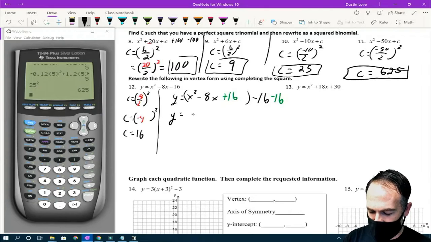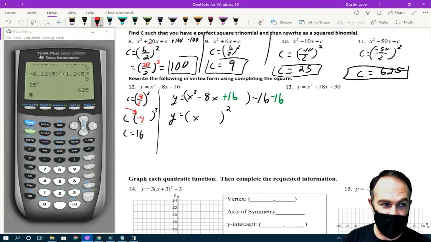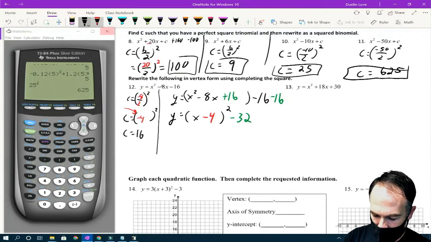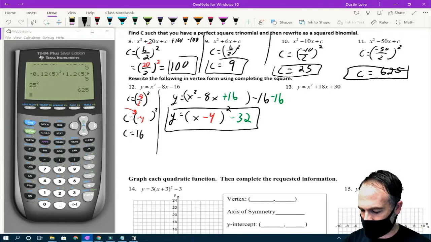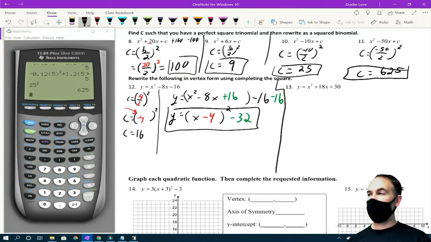However, this part in parentheses will now factor down to x, and then the number we found on the inside will go there. And then we just simplify. Negative 16 minus 16 is negative 32.